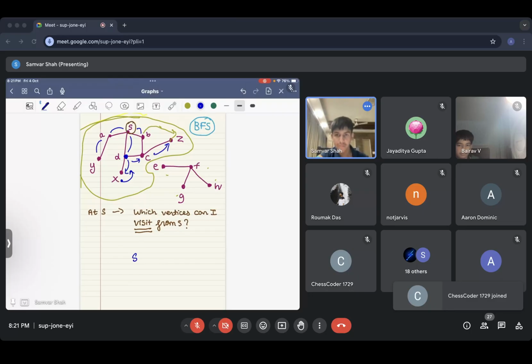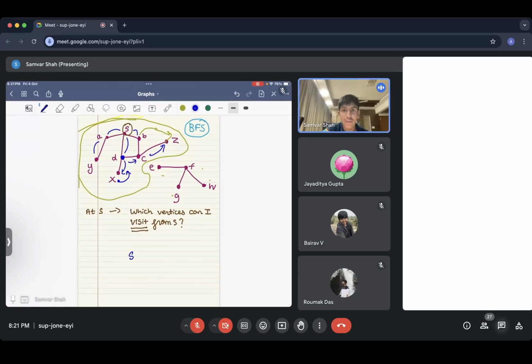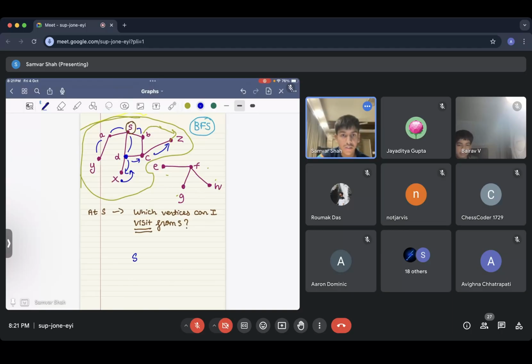Yeah. So there are multiple BFS trees which are possible for the same graph. Let me give an example for this. Just give me a second. So this same example itself would work because if you look at C, it can be visited in two ways.